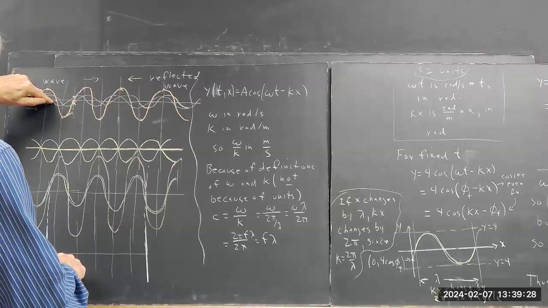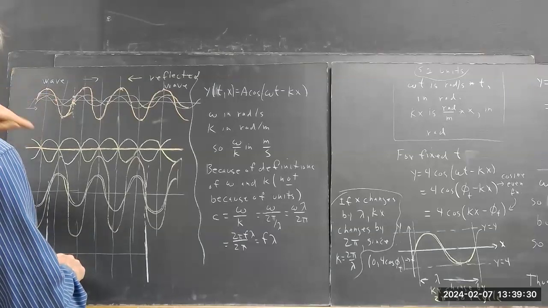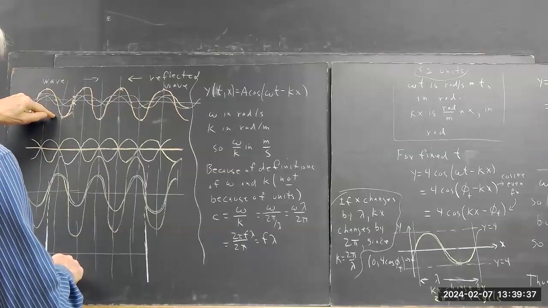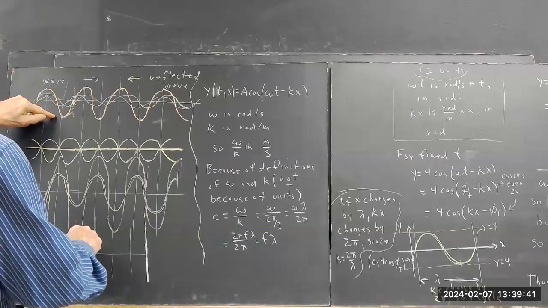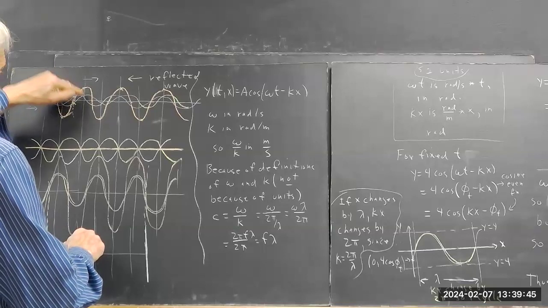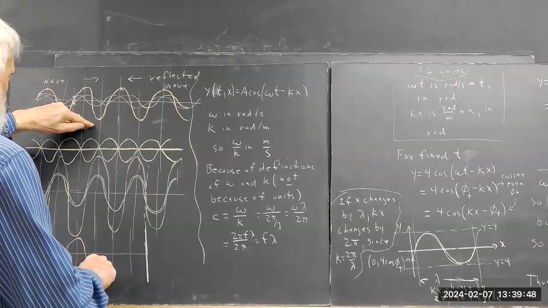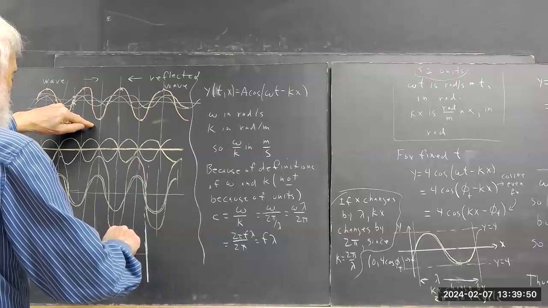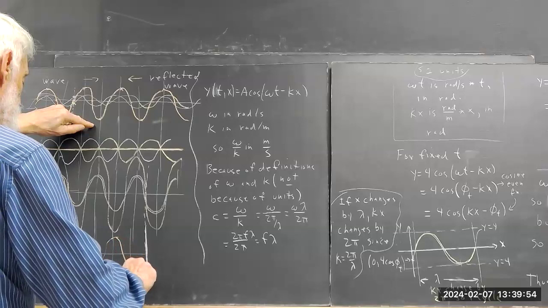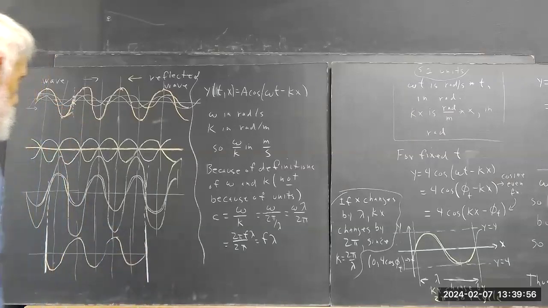Okay, so if I start with this configuration up here, I'm going to go down here, and then up here, down here, and then I'm up. Then I'm down on the next one. And the wave looks like this.